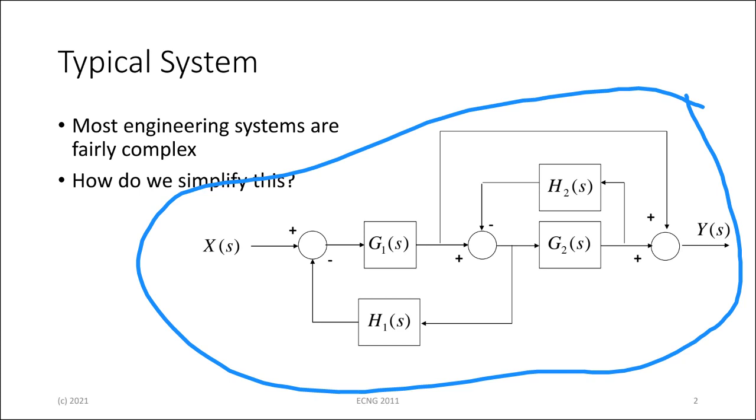Well, the first thing is that every time you're given a big block diagram containing multiple blocks, the H blocks and the G blocks and so on, generally, not 100% of the time, the forward blocks usually have the symbol G. So G1, G2, G3 are the blocks that go from input towards the output.